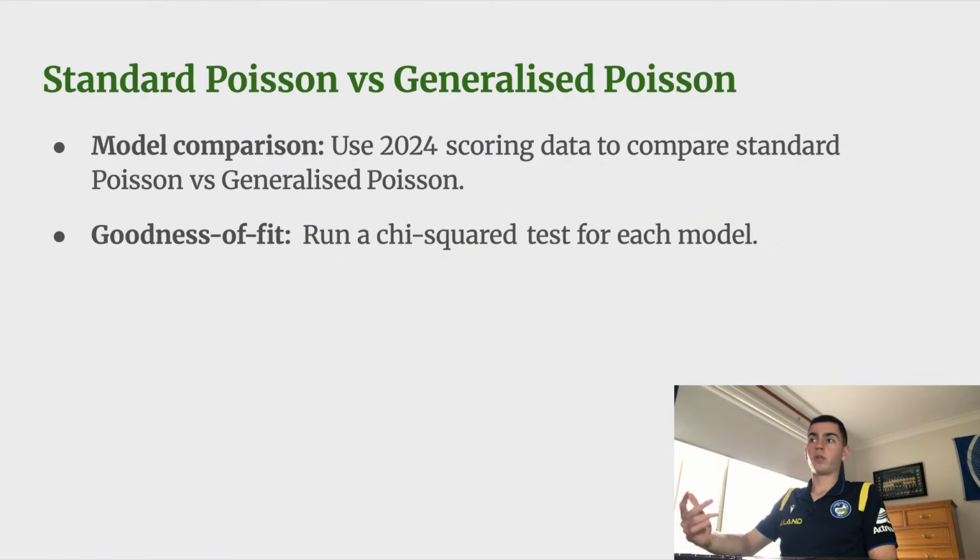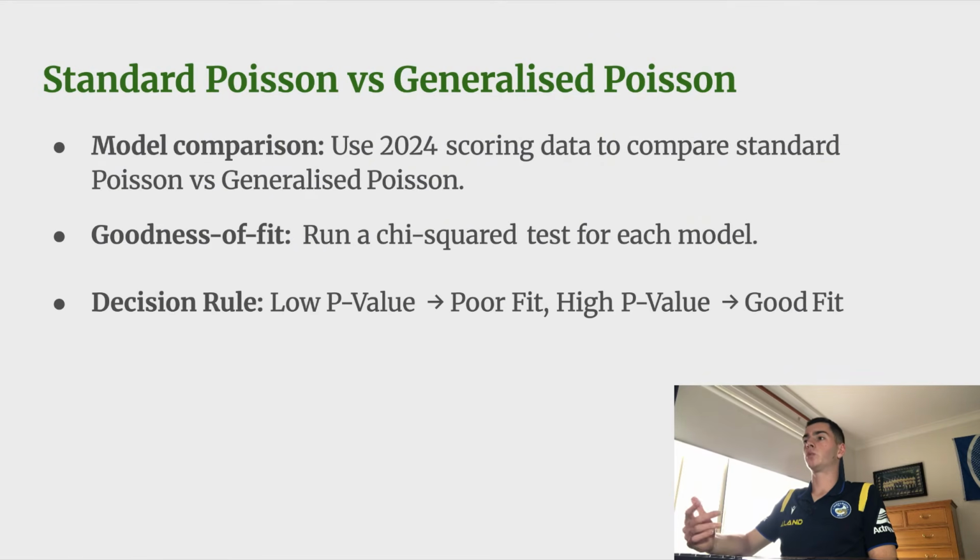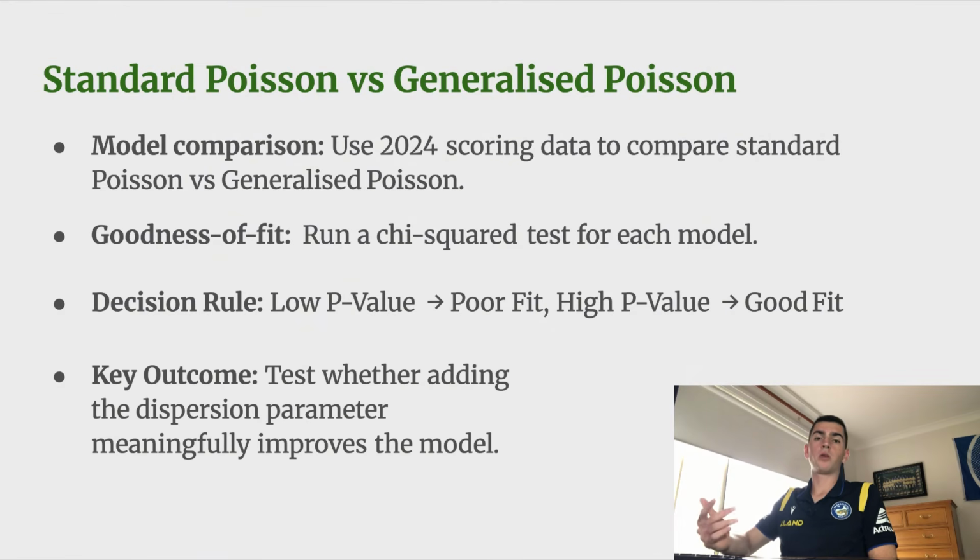If the model fits well, the observed and expected frequencies will be similar, giving us a high p-value. But if the model fit is poor, the observed data and expected frequencies won't match. We'll get a low p-value, typically below 0.05, meaning the model does not represent the data well. By running this test on both the Poisson and generalized Poisson models, we can formally decide whether adding this dispersion parameter actually improves the model.